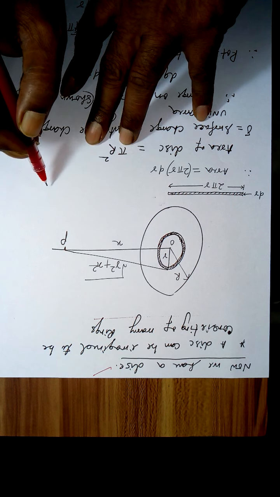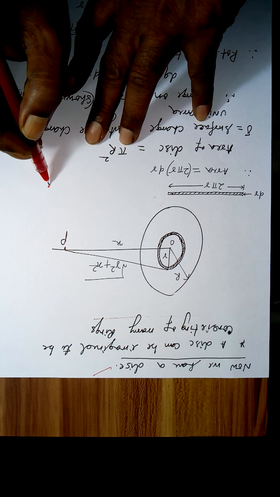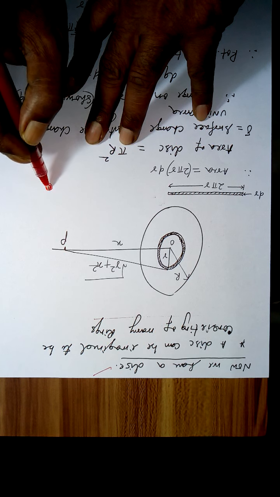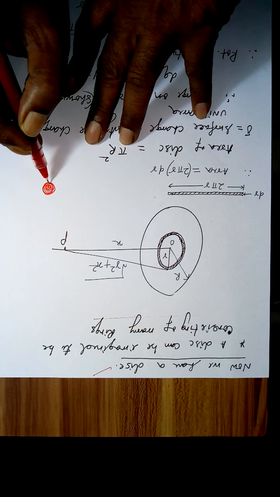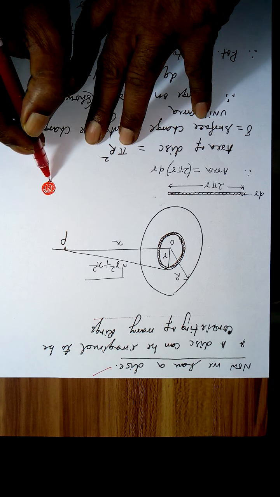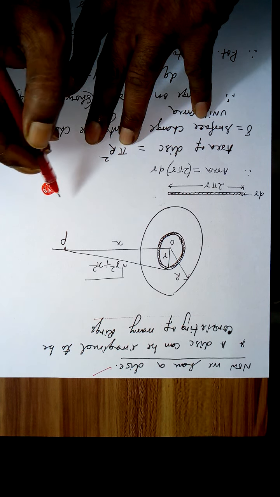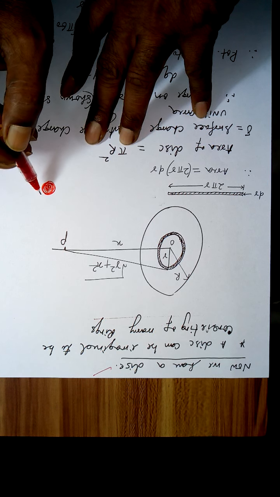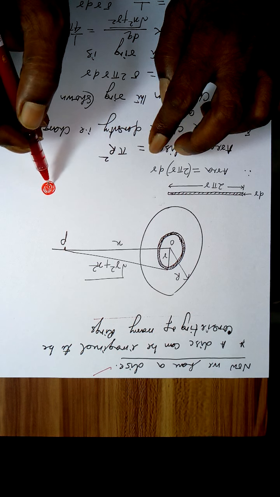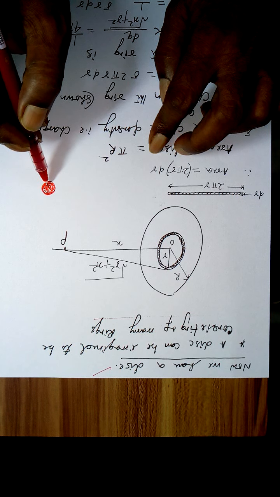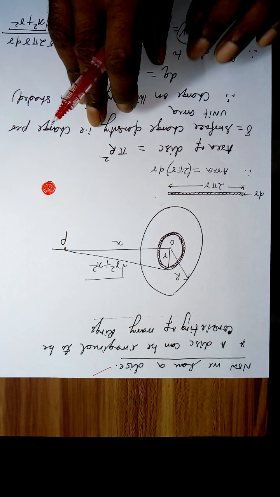For example, this is a ring surrounded by another ring, surrounded by another ring, and so on. So it is surrounded by rings of increasing radius. A disk is nothing but concentric rings where the radius is increasing from 0 to R, and we get a disk like this. That concept we will use.